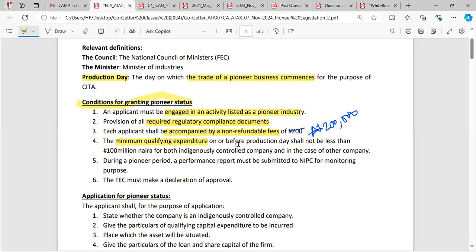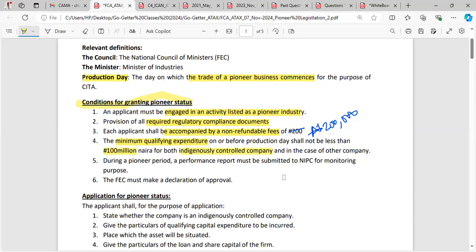So those capital assets that you are using to operate the manufacturing or industry that you are engaged in, those qualifying capital expenditure shall not be less than 100 million, for an indigenously controlled company. An indigenously controlled company is a local company.